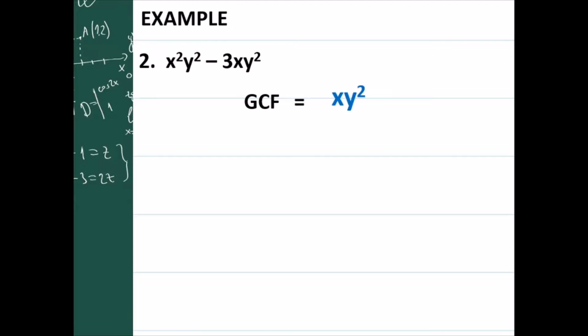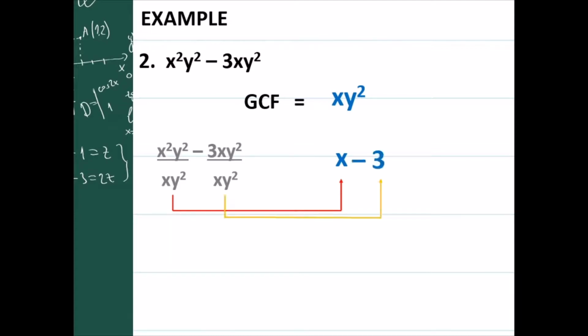Then, we divide each term by the GCF. So we have x squared y squared divided by x y squared is x, minus 3x y squared divided by x y squared will give us negative 3. x minus 3 is our other factor.